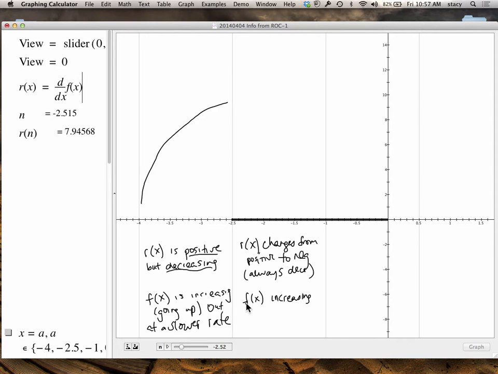So at some x value between negative 2.5 and negative 1, my rate has to go through 0 in order to go from positive to negative. And so we can imagine what that would look like. It goes from increasing to decreasing at the corresponding x values where the rate changes from positive to negative. So once again, what would that look like?